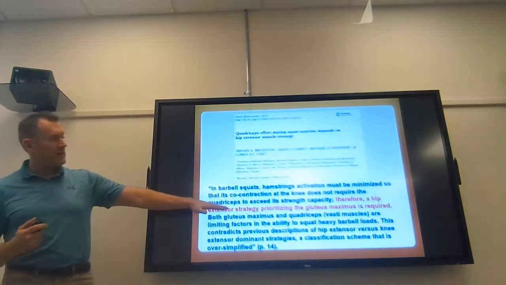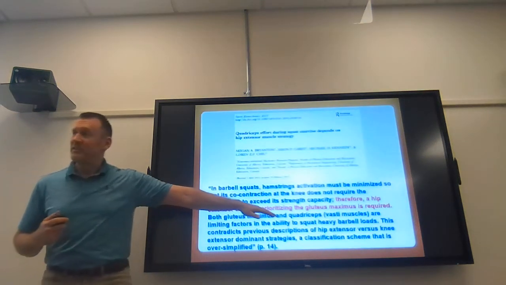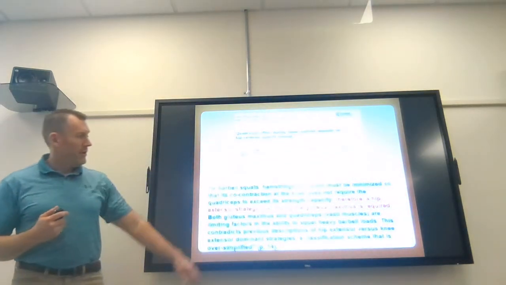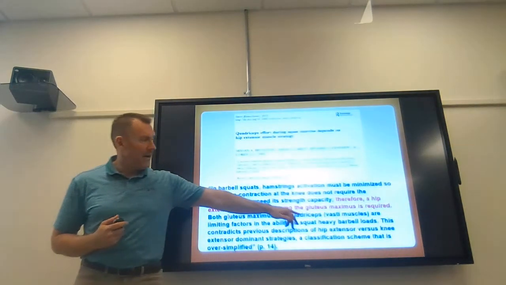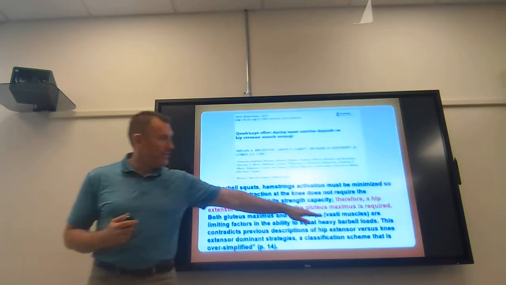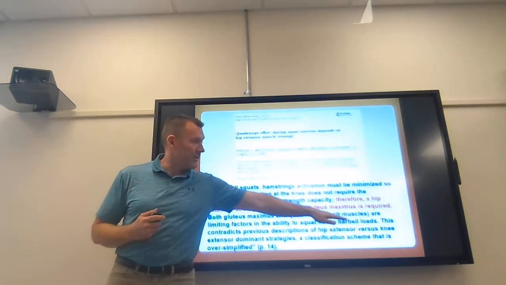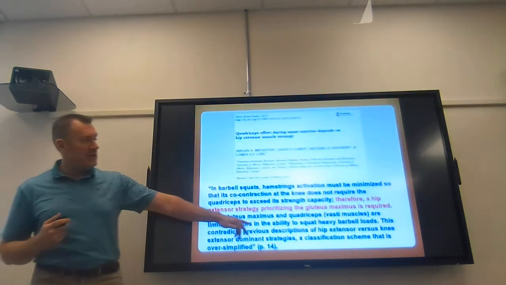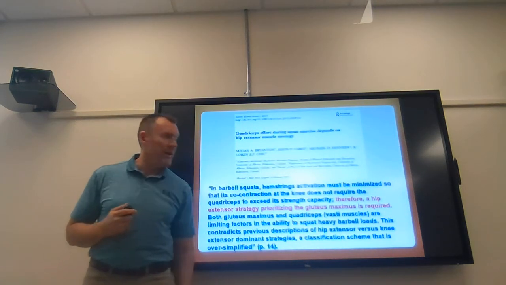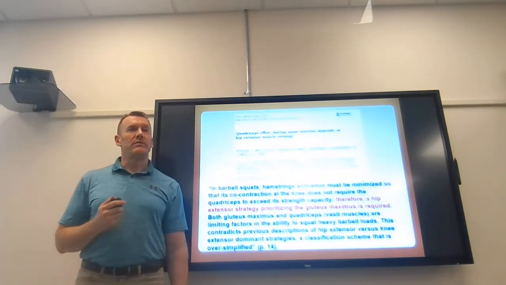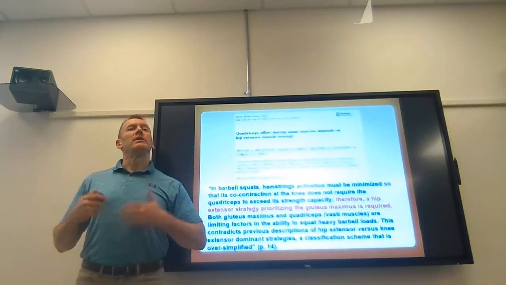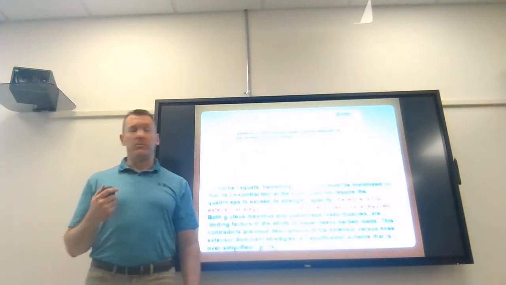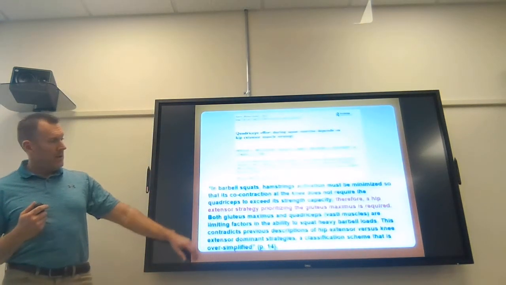Therefore, a hip extensor strategy prioritizing what muscle? Gluteus maximus is required. Both gluteus maximus and quadriceps, referring not to the rectus femoris but the vasti muscles, are limiting factors in the ability to squat heavy barbell loads. So gluteus maximus is very important to improve your squat ability.